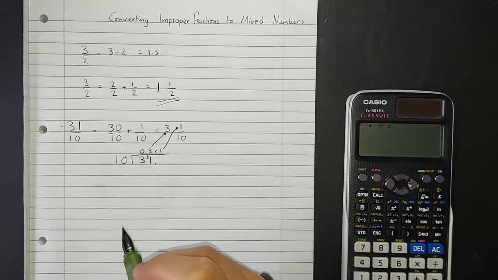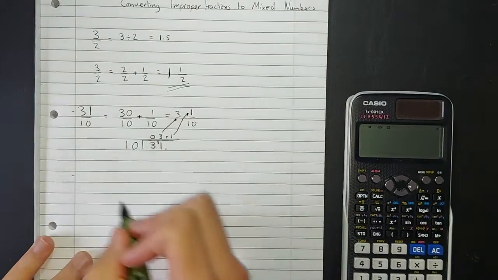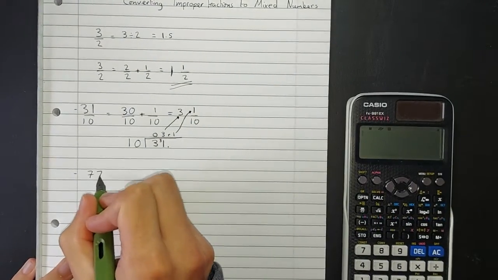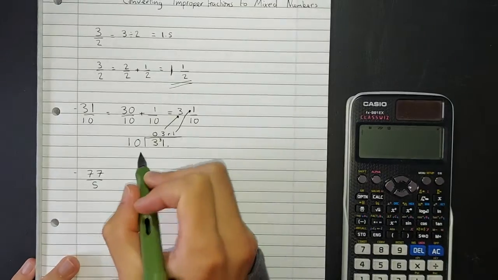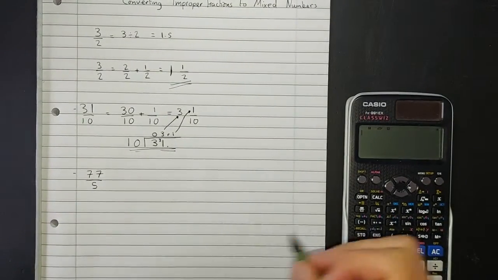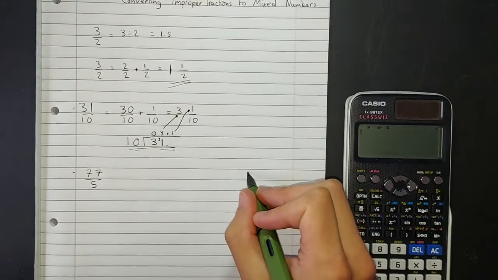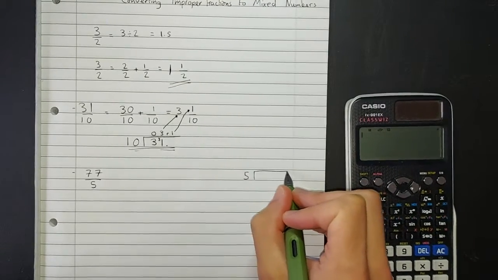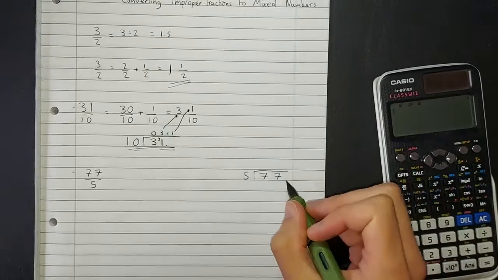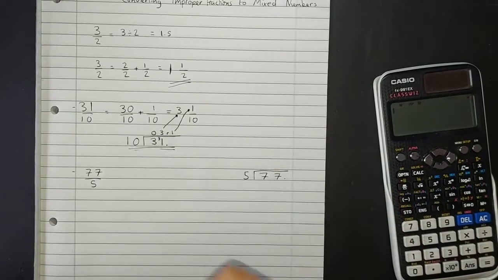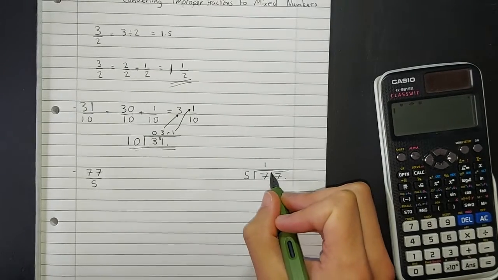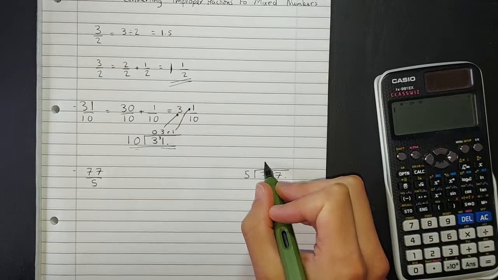So let's have a look at another example. This time we're going to have 77 over 5. I'm going to go straight to this method. We want to do how many 5s go into 77, so I'll do a little bit of side working. I'll put my decimal here so I know where to stop. How many 5s go into 7? That's 1 with a remainder of 2.